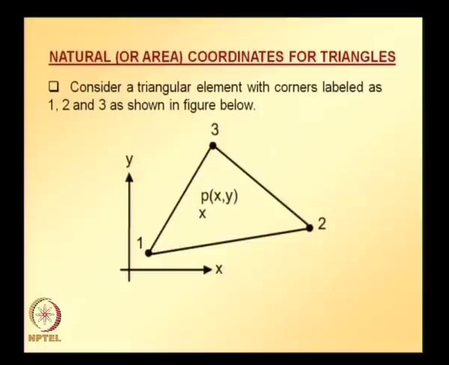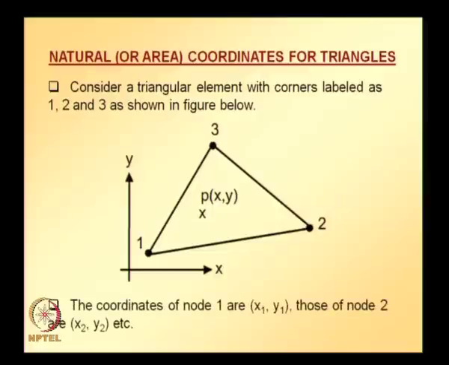Similarly, coordinates of node 2 are x 2 y 2, and for node 3 they are x 3 and y 3. Instead of expressing coordinates or positions of these nodes 1, 2, 3 in terms of x y coordinates, we can also express in terms of what are called natural or area coordinates.